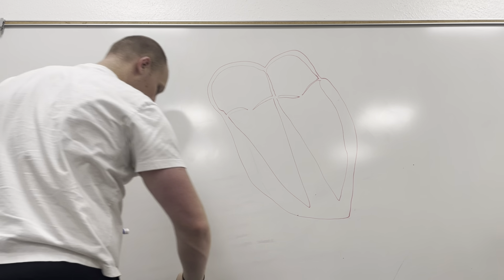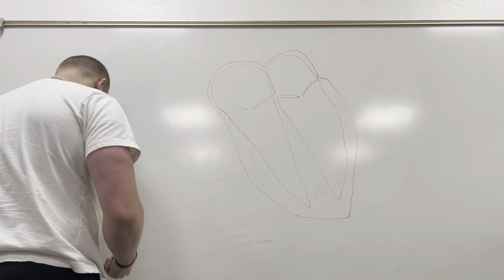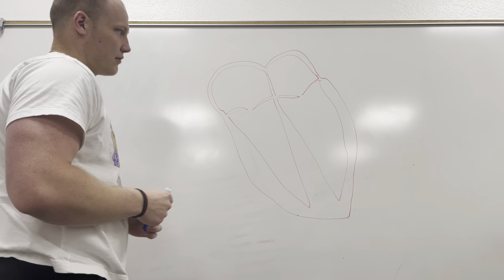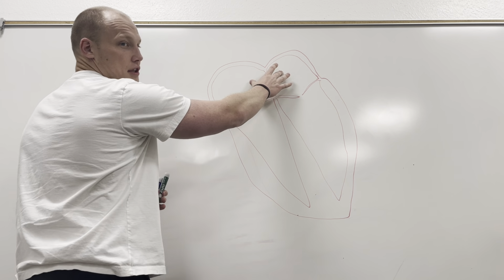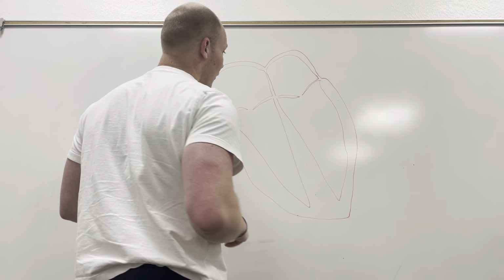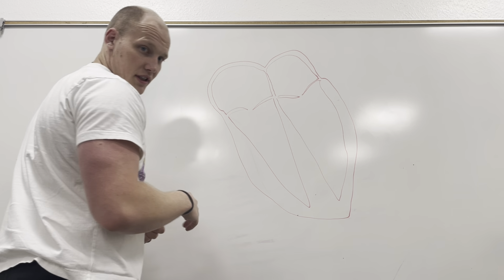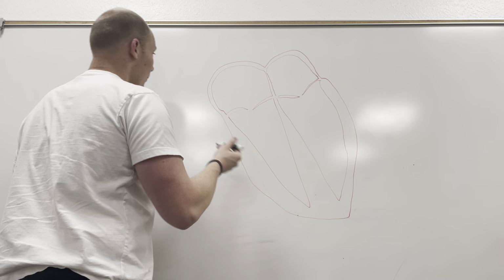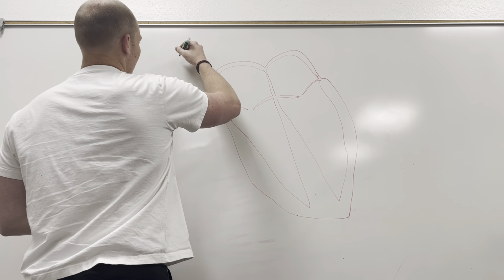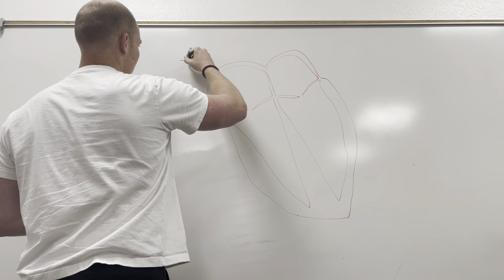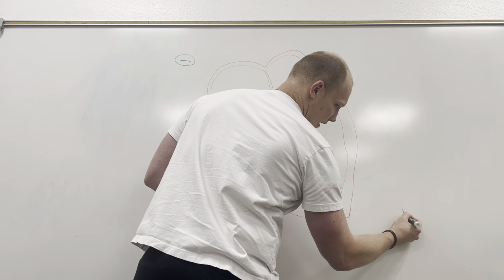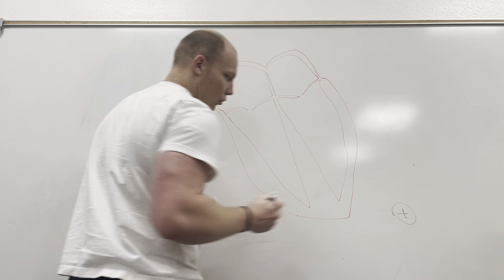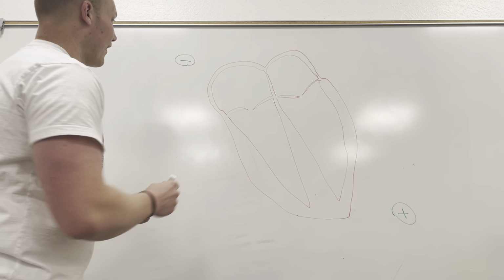So how those work is we place different leads around the heart. So we have our heart here. We have our atria, our ventricles, some valves, all the good stuff. So if we put a negative lead up here on this side of the heart and a positive lead down here in that corner of the heart, we have a current.